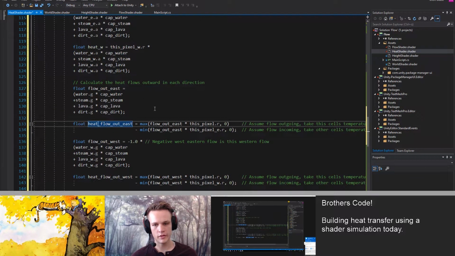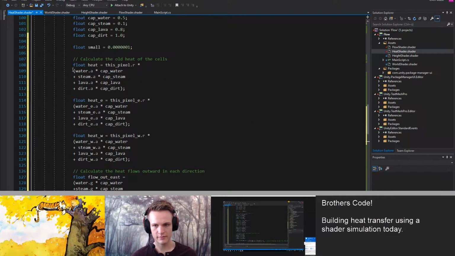And then the thing you need now is to take the old heat, adjust it by the amount that's flown, and then divide it by the new heat capacity based on the amounts of stuff that's there now. Yes, heat divided by amount.